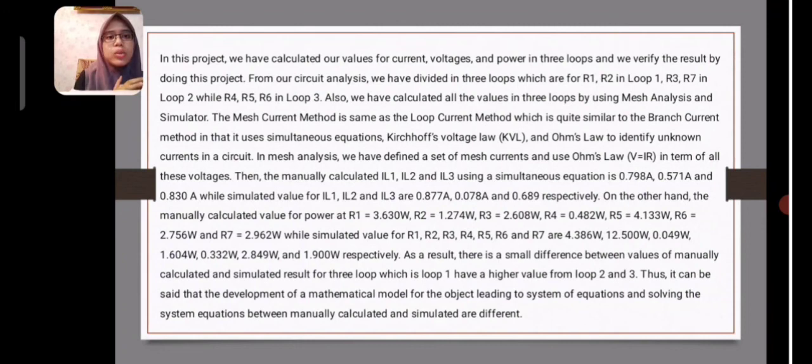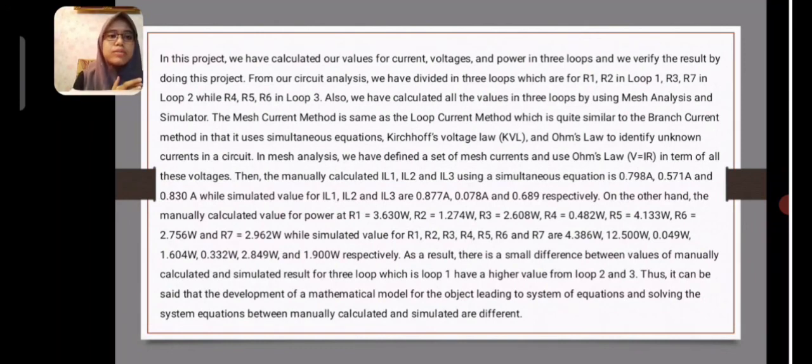So from my previous slide, we calculated the current of loop 1, loop 2 and loop 3 manually using the mesh current analysis method, and we also calculated the 3 loops using a simulator.